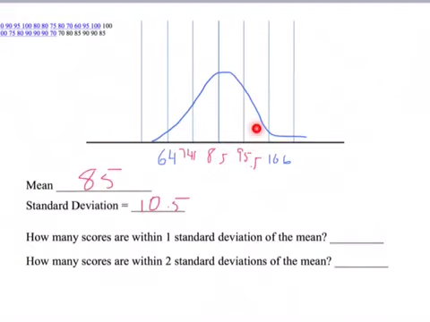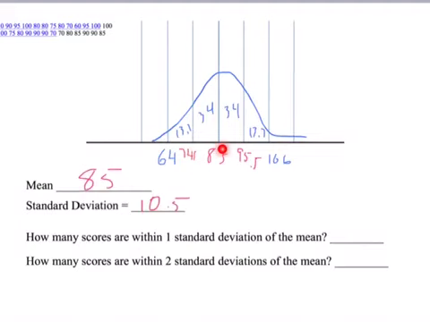So when you looked at your bell graph on the previous slides or on your paper, we said this number was 34%, this number was 34%, this number was 13.7%, and this number was 13.7%.